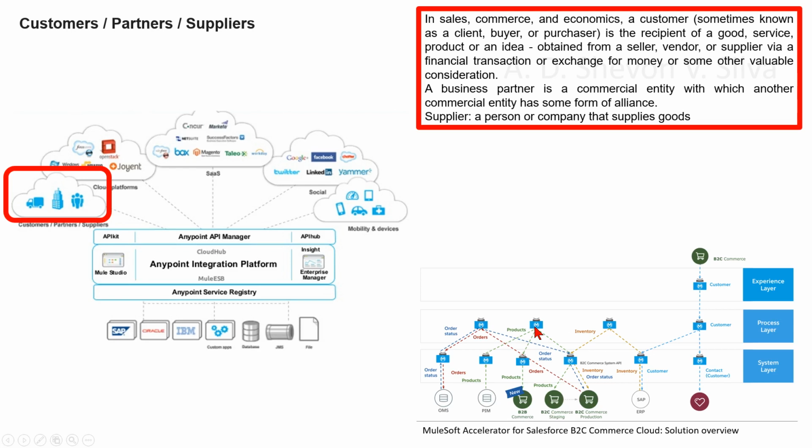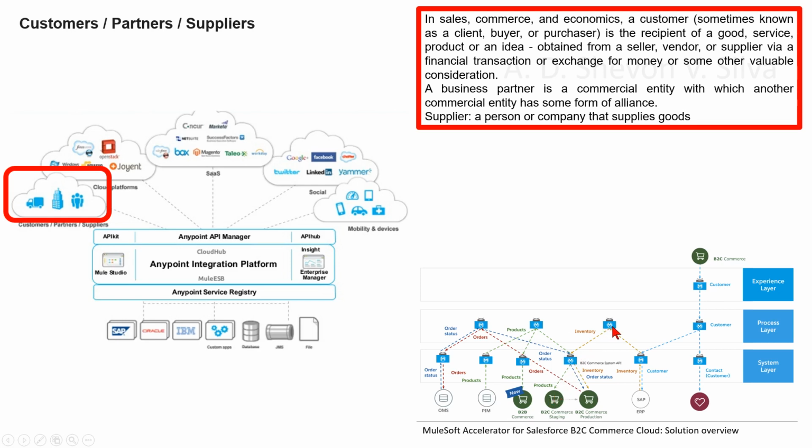Products are passed from Mule to Mule in the system layer, and here the Mule is connected to B2B commerce, and products are passed from Mule to B2B commerce, and products are passed from Mule to B2C commerce staging.